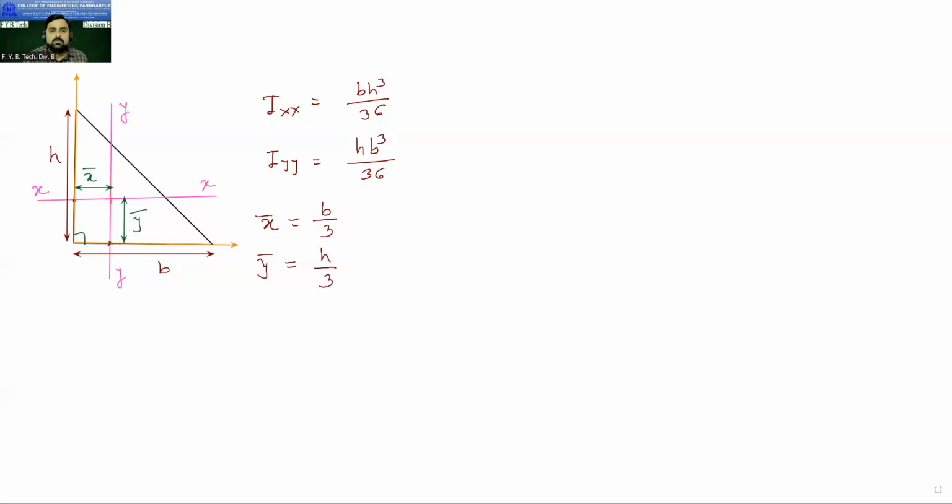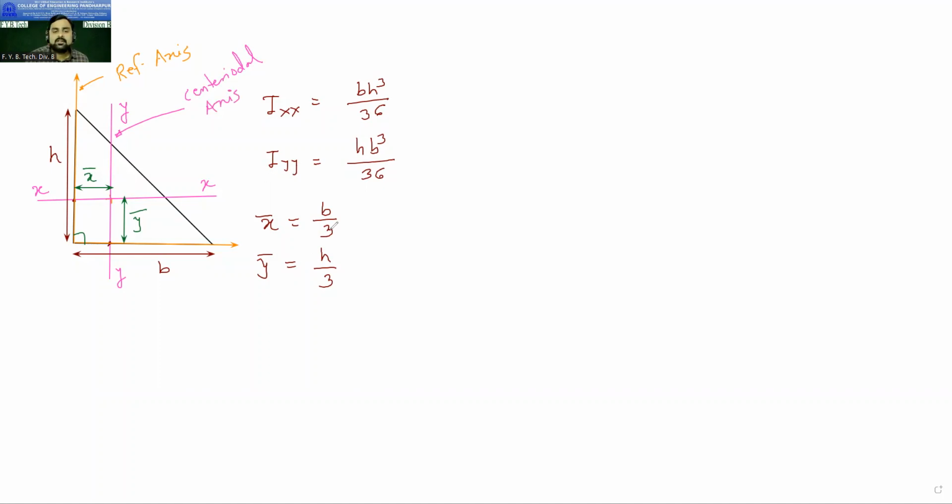So see the difference. These axes are called the reference axes. And these axes are called the centroidal axes.